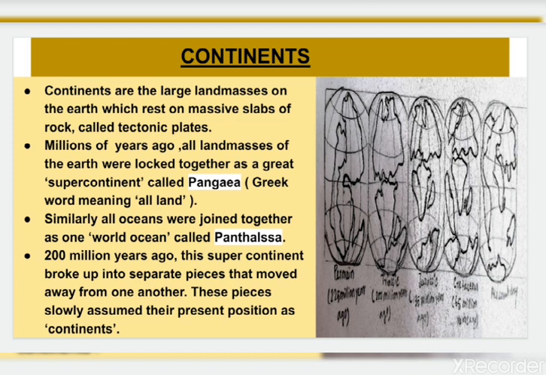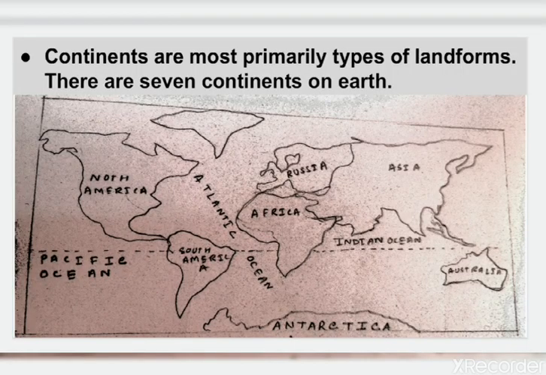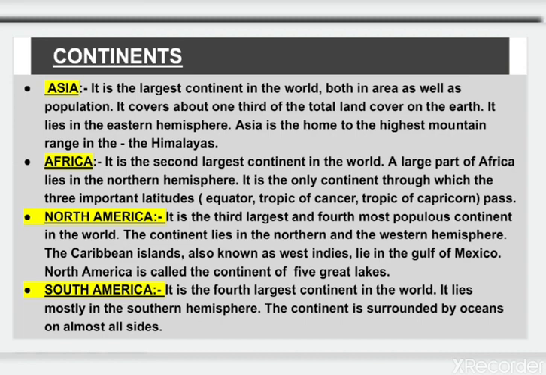These pieces slowly assumed their present position as continents. The continents are the primary type of landform. There are a total of 7 continents: Asia, Europe, Africa, North America, South America, Australia and Antarctica. We will learn about these continents in detail.